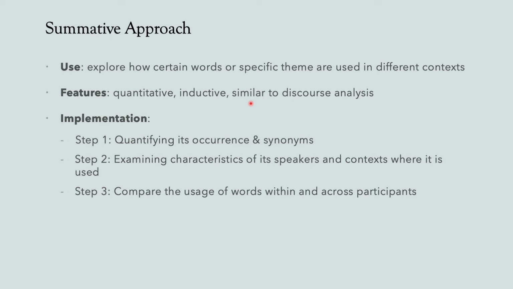And in a way, it's similar to discourse analysis because we also do frequency counting and also the interpretation of the word in different contexts. So for the implementation, we want to quantify the occurrence of the word and its synonyms because we want to see how people use the words and its synonyms in different contexts.